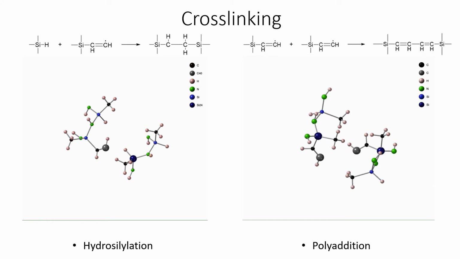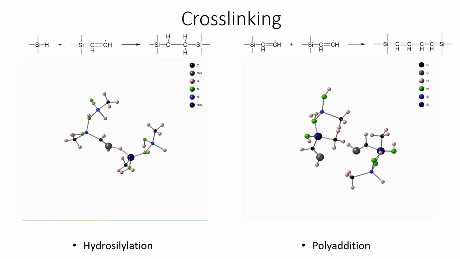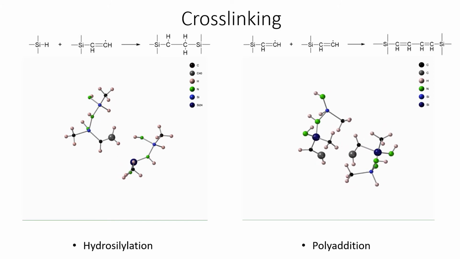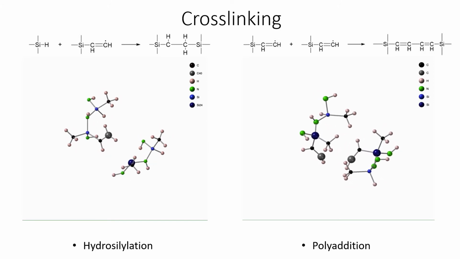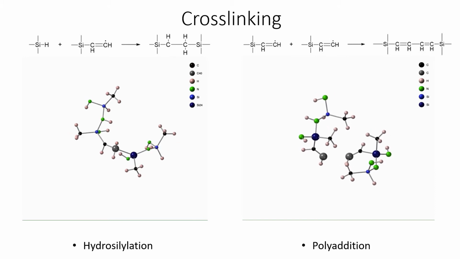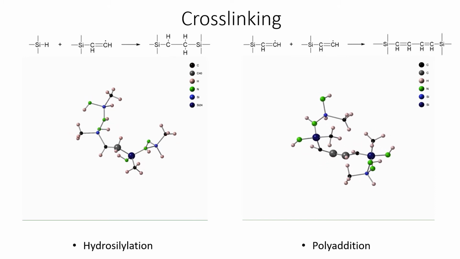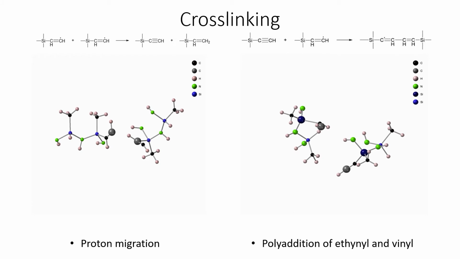As you can see, the two radicals react to form a bond between those two vinyl groups in a polyaddition reaction. For this next cross-linking reaction, the migration of a hydrogen is observed from this carbon here, this back carbon, to this carbon here.